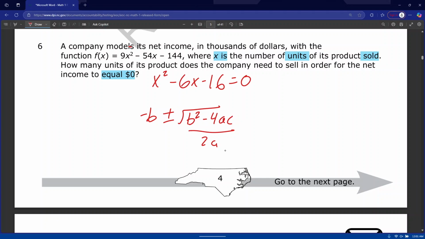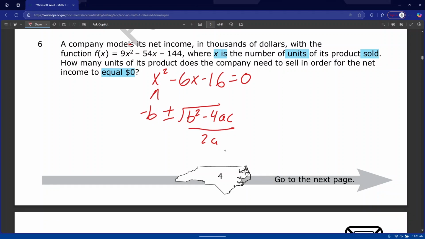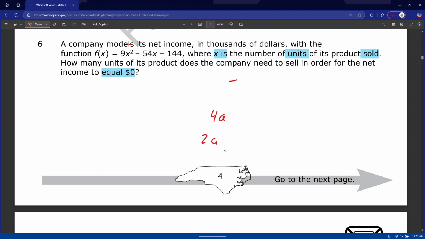Well, in formulas like this, the x squared represents a, x represents b, and this 16 will represent c. Okay, let's put that into the quadratic formula, whatever you want to call it.